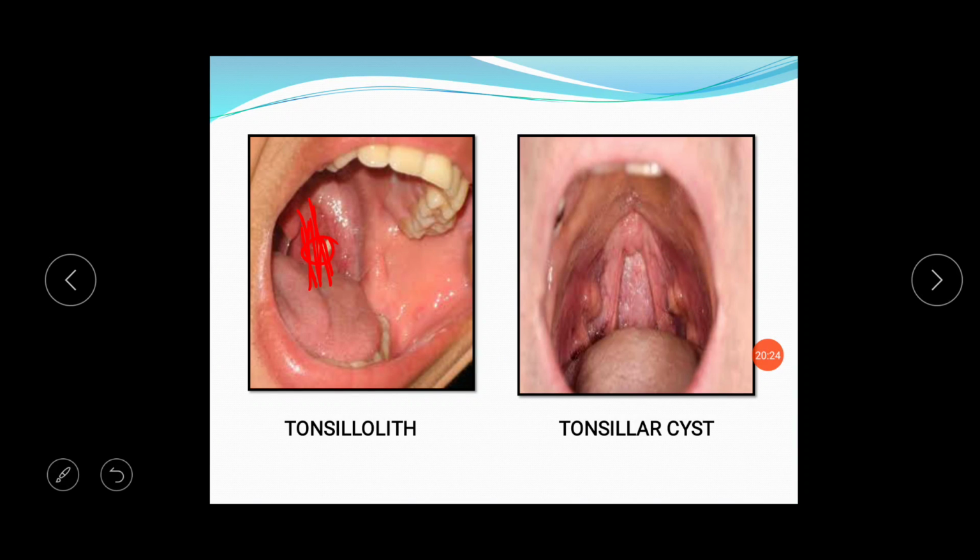A tonsillolith can be removed under local anesthesia or just press over the anterior pillar so that it will come out from the crypt, or a tonsillar cyst can be removed by making an incision over the mucosa over the cyst and the cheesy material will come out from this cyst.